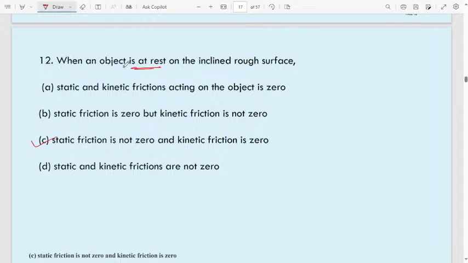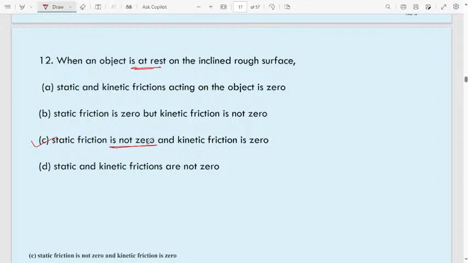See, when an object is at rest, static friction is not zero. Yes, as I already explained, even a car in the rest position will possess some static friction. Therefore, a rest object will also possess some amount of static friction.